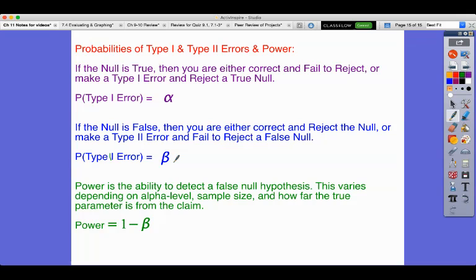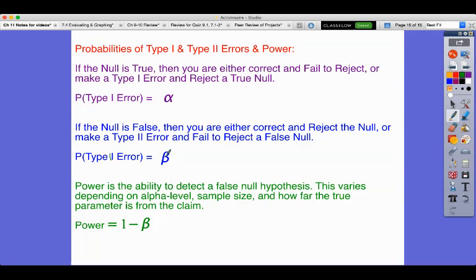All right. And this varies depending on alpha level, right? Because if I do a really small alpha, then I will fail to reject more often, in which case I will make lots of type 2 errors because I'll fail to reject a false null.